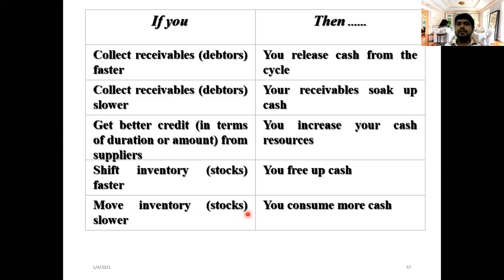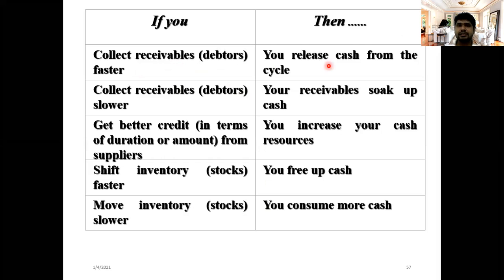And we have some synopsis. If you collect receivables faster, you receive your money from your customer faster, then you release the cash from the cycle. You can shorten the cash cycle.